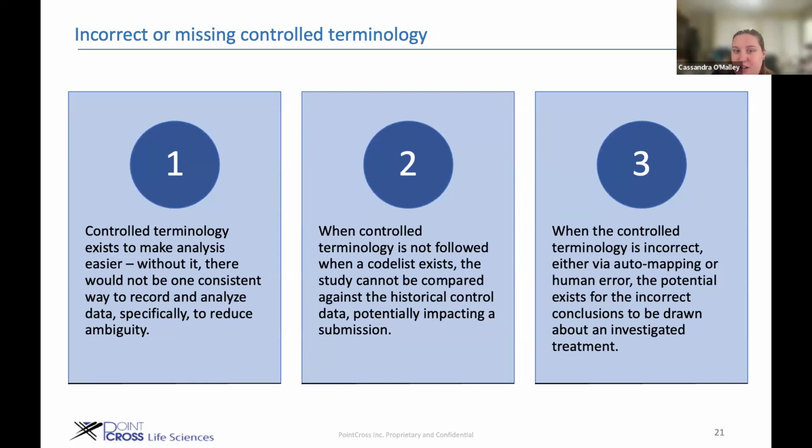When the controlled terminology is incorrect, either via an auto mapping or human error, the potential exists for an incorrect conclusion to be drawn about the investigated treatment. Obviously, this is something that we do not want in industry. We want everyone's study to be accepted and to be evaluated fairly, and we look to remove all errors in that regard.